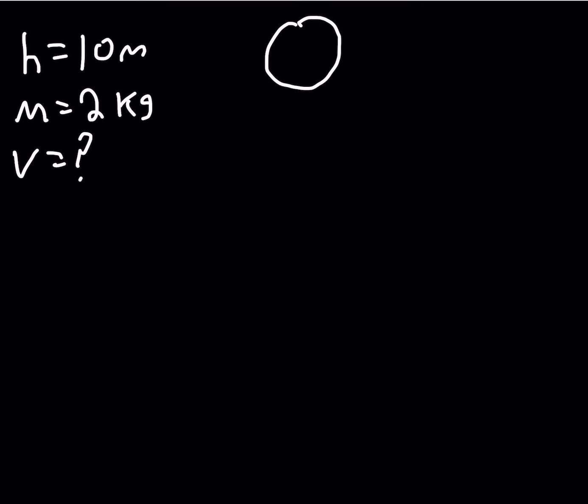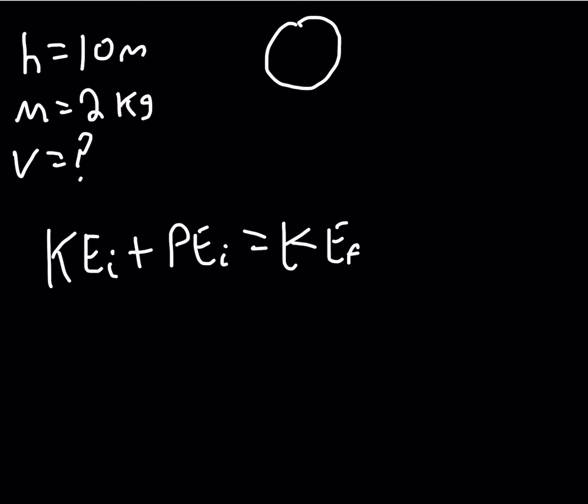So let's start out with the conservation formula that we just talked about. So we have kinetic energy initial plus potential energy initial equals kinetic energy final plus potential energy final. So, as I said, it starts from rest.